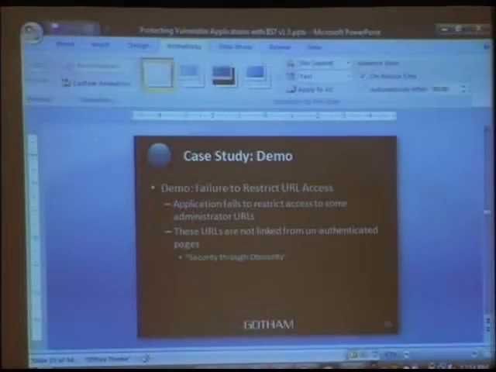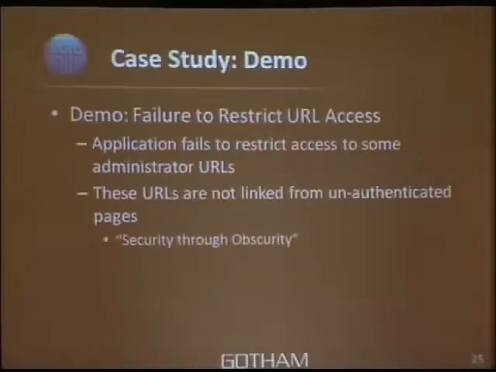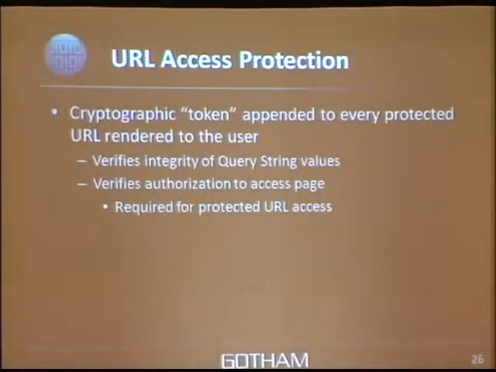And essentially what that URL token is, I've got a slide that sort of outlines what's happening here. There's a cryptographic token that's appended to every single request that gets generated by the app. And the reason for that is it's going to verify that if there are any query string values in there, they haven't been tampered with. And it'll also make sure that I'm authorized to access the URL itself.